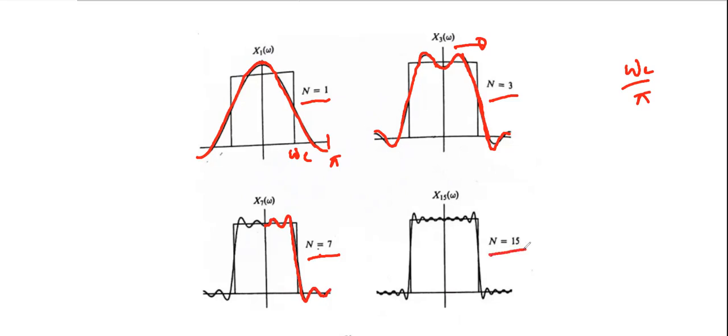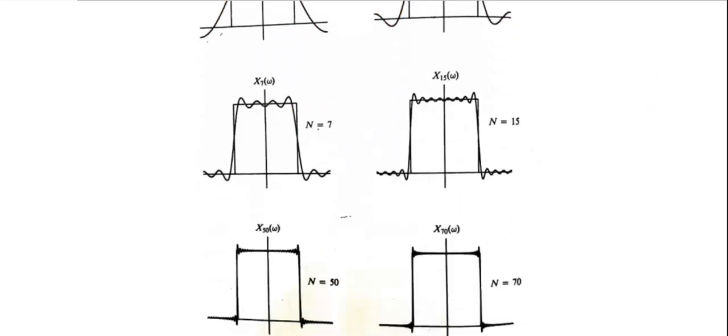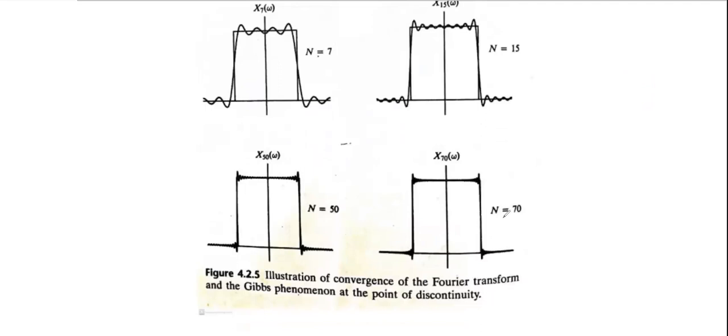If you take n equal to 15, you can see that the scenario will improve more. If we jump to n equal to 70, we find that the scenario is very close to the ideal filter. So that is the concept of the filter design.